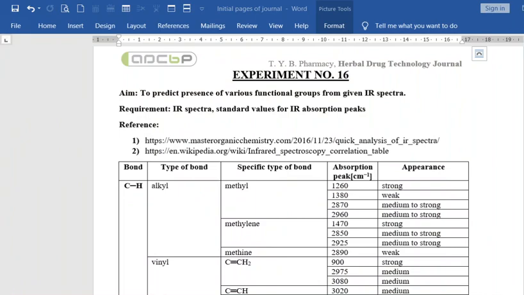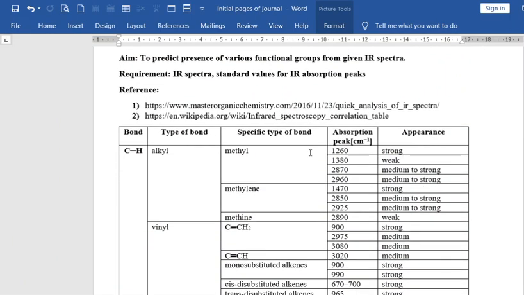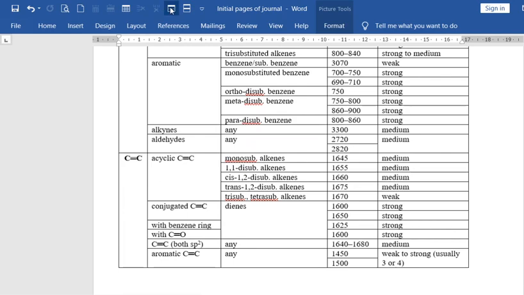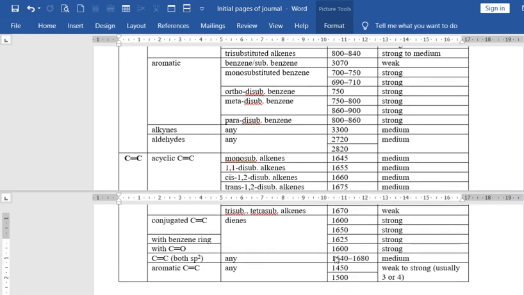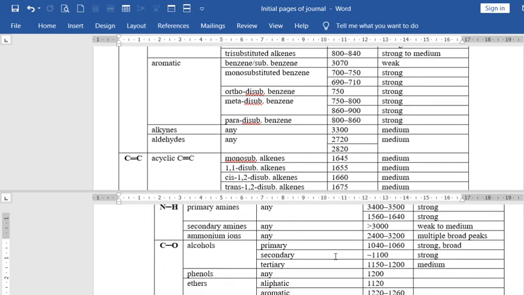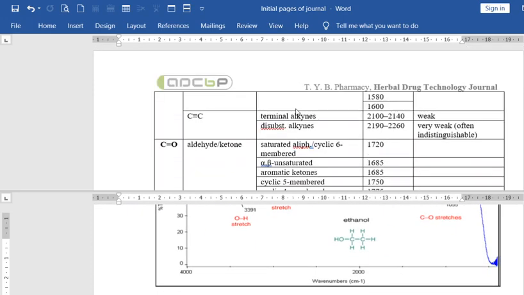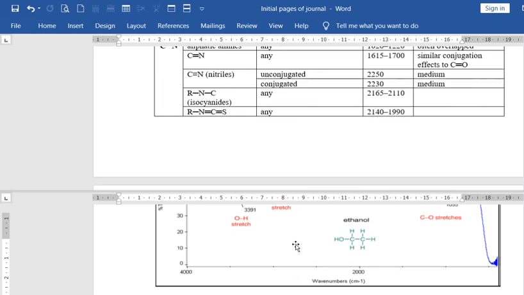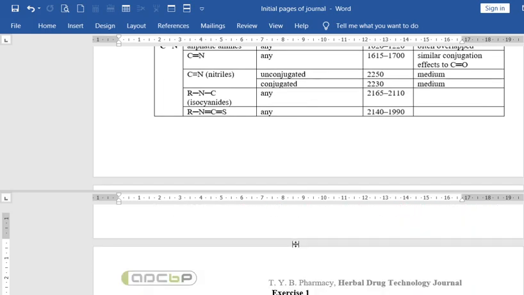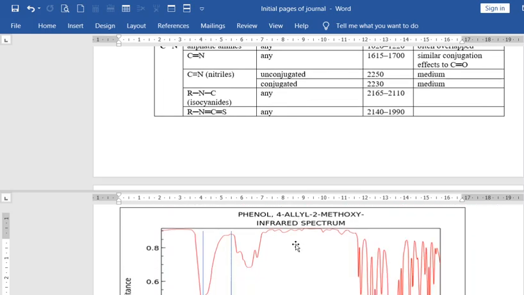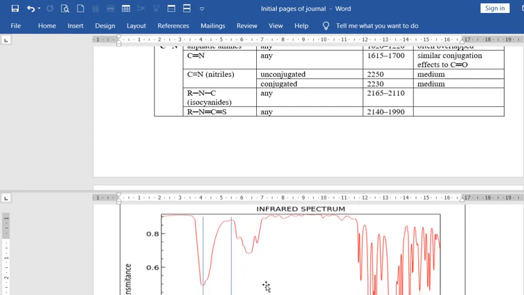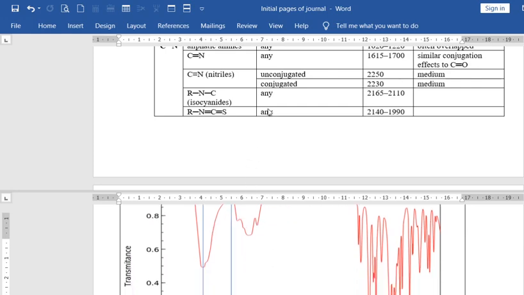You might have referred to this table and started observing the IR spectra which were given by me and just correlating these values with the table. For every IR spectrum, you took the values and the table values and just tried to match them with the spectra.